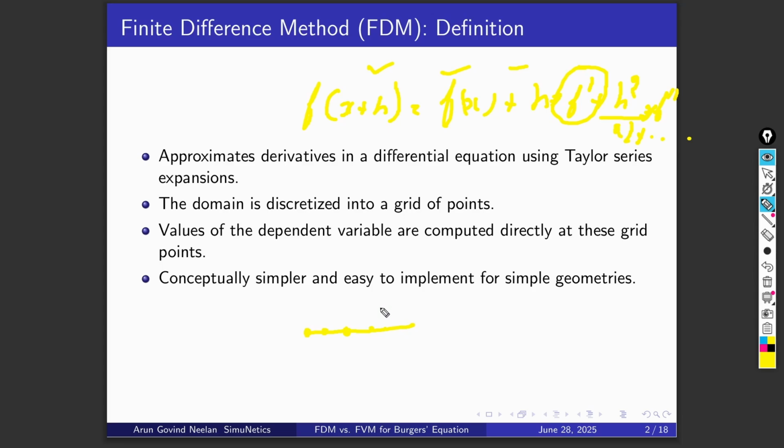Now you may have a question: why do we need grid points? Why can't we solve the equation over the whole domain? The problem is, let's say we have a very complex solution like this. It's very difficult to know the nature of the curve. If you make it very small, at least locally we can see the function is linear or quadratic.